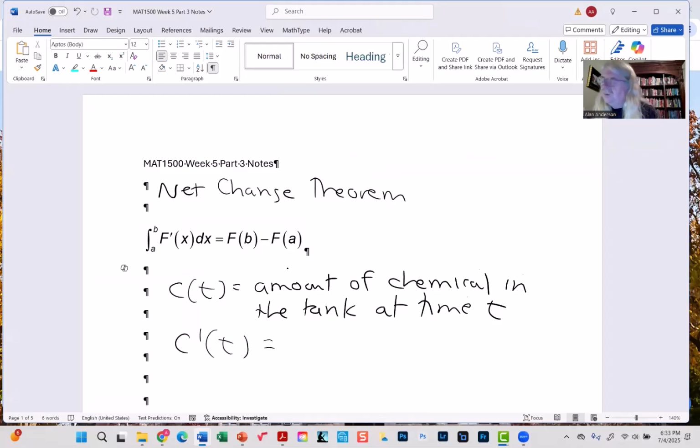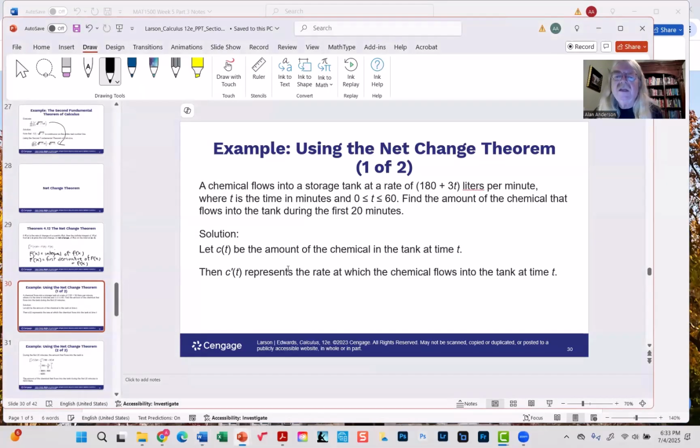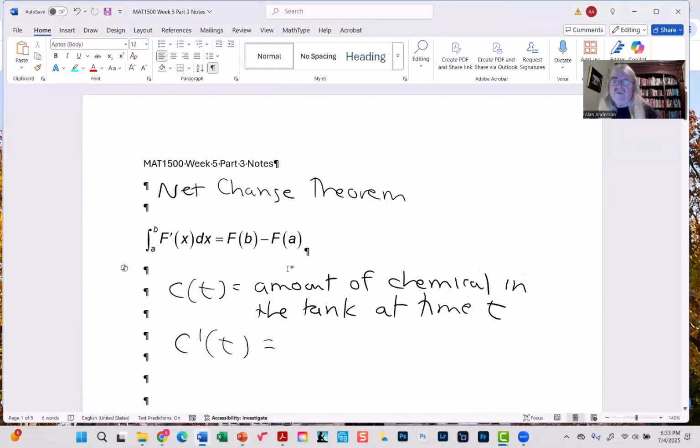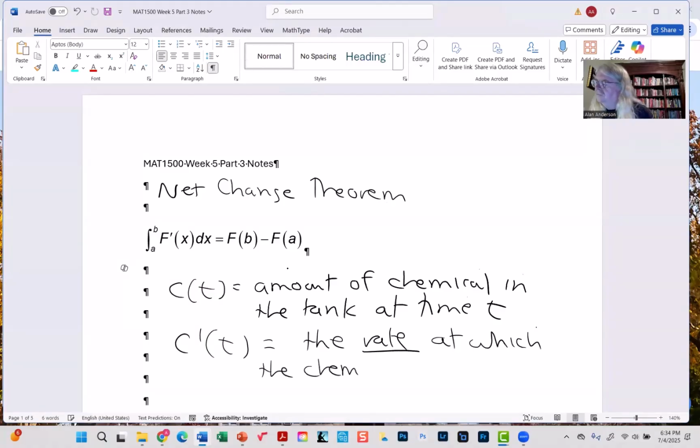And so this is the formula that determines the rate at which the chemical flows into the tank, and that's per unit of time.